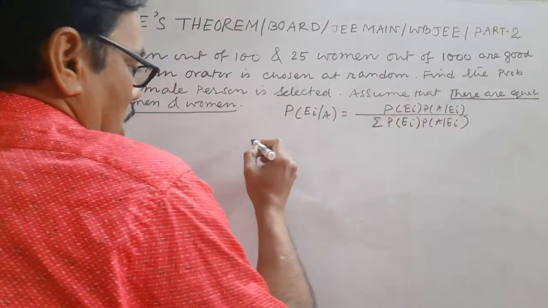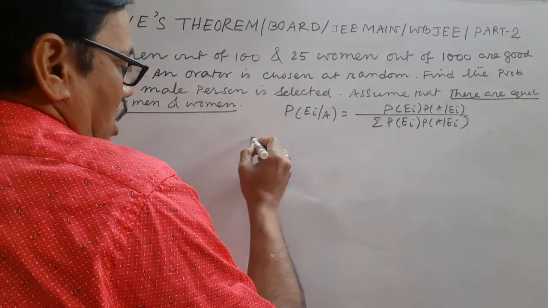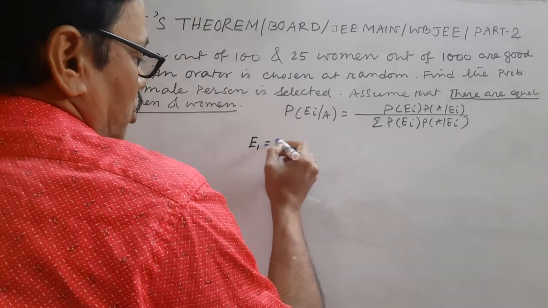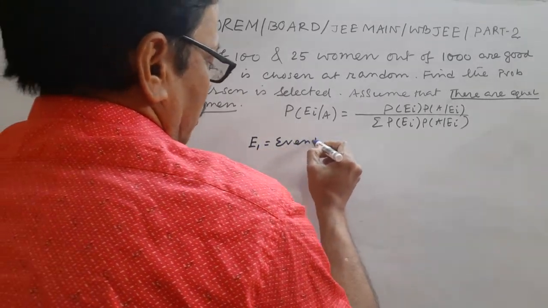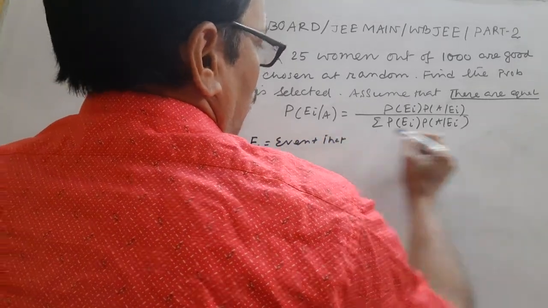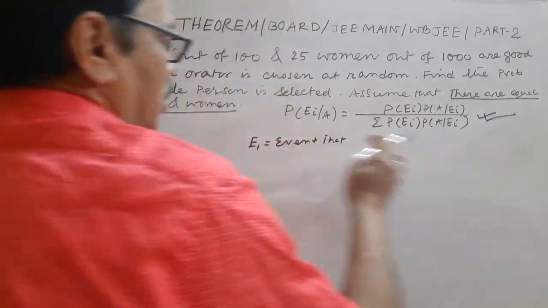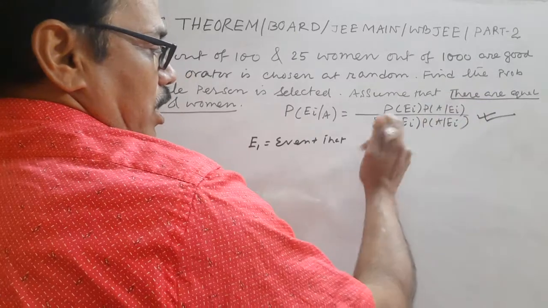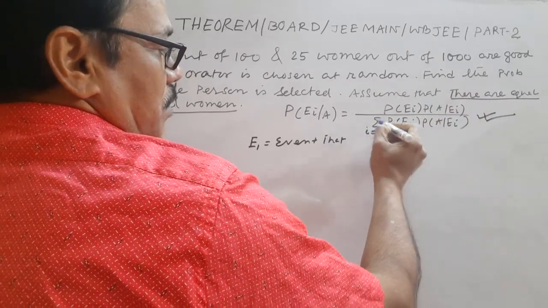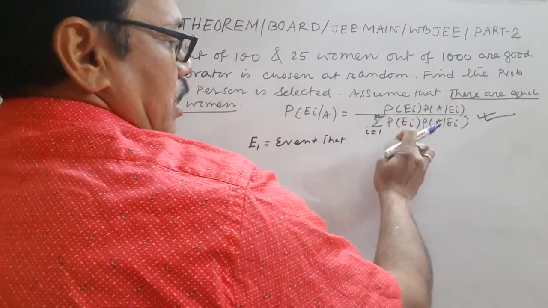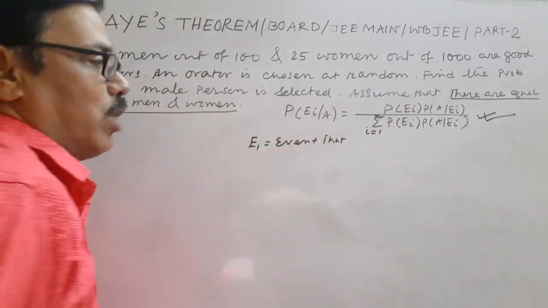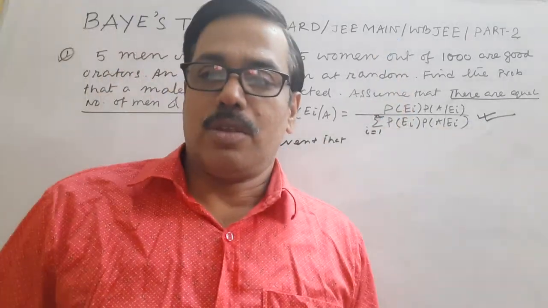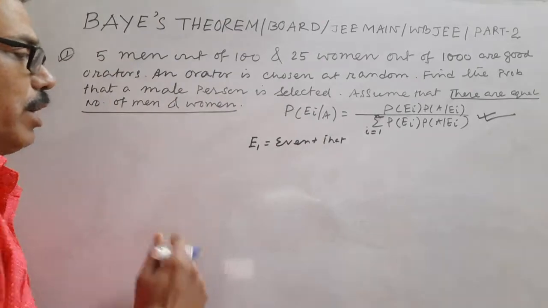So, we know the theory already discussed. P(E1|A) equals P(Ei) into P(A|Ei) divided by the summation of P(Ei) into P(A|Ei), i equals 1 to n. Here there are only two events.